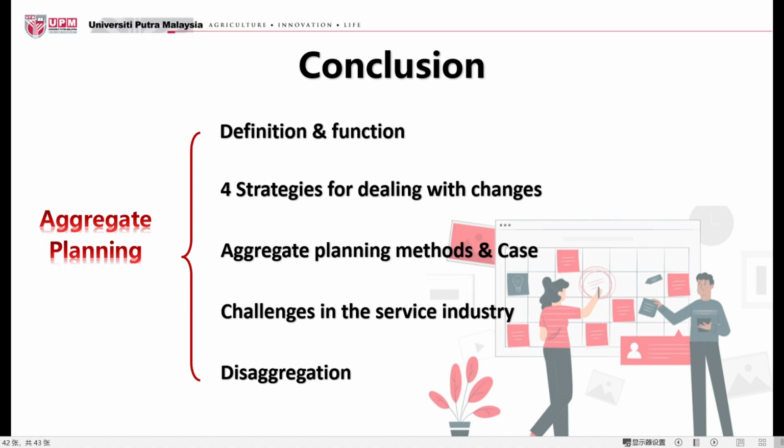In part 3, I introduced the techniques for aggregate planning and gave you an example of how to make the plan for companies. In part 4, I told you what we need to pay attention to when making aggregate plans for service companies. And in the last part, I told you about the disaggregation of the aggregate plan. So this is the end of our speech.